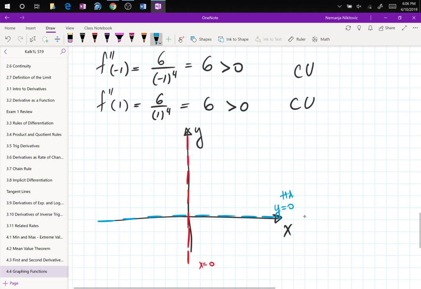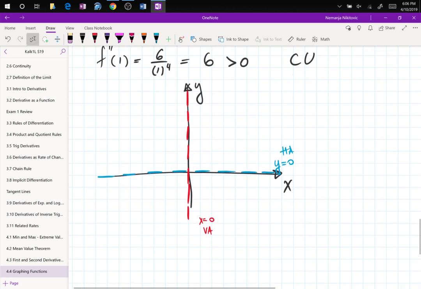So that's your HA, and this is your VA. Vertical asymptote, horizontal asymptote. Now, having this immediately sets some things in perspective here. Guys, I can only draw this or that. Do we all agree? Because these asymptotes just cut the space in 4.